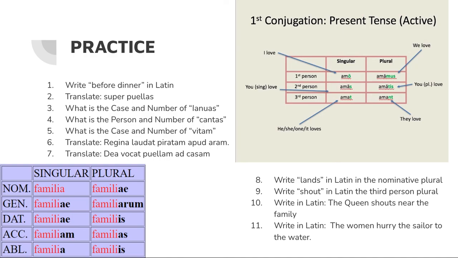Since ad always takes an accusative, and since it's singular, it would be aquam. Since aqua means water, and then it has to end with am since it's accusative singular. So in total, the sentence will look like feminae festinant nautam ad aquam. And yes, that's the answer to number 11.